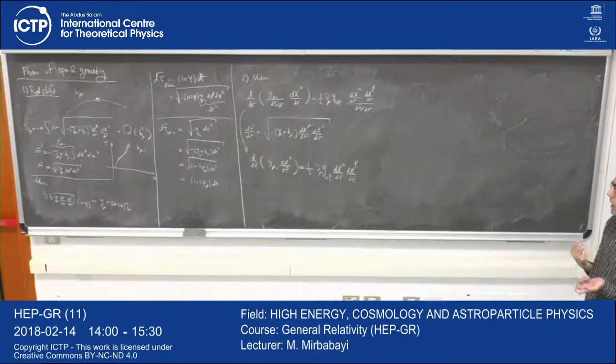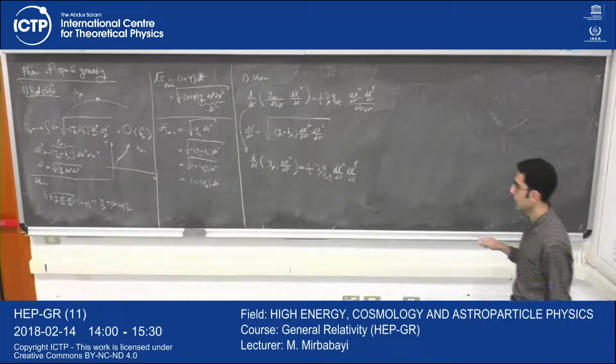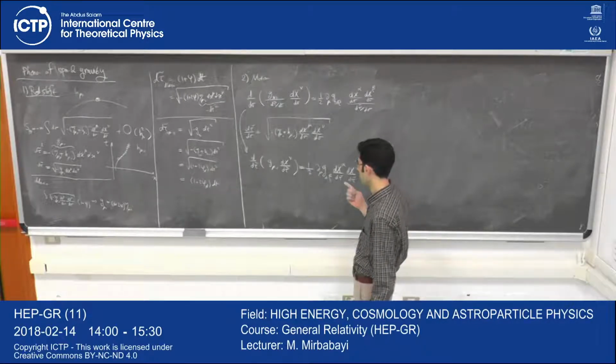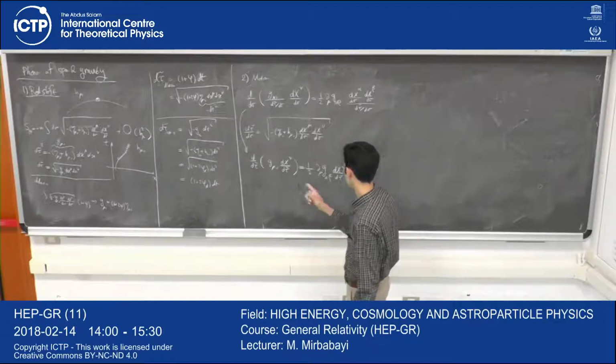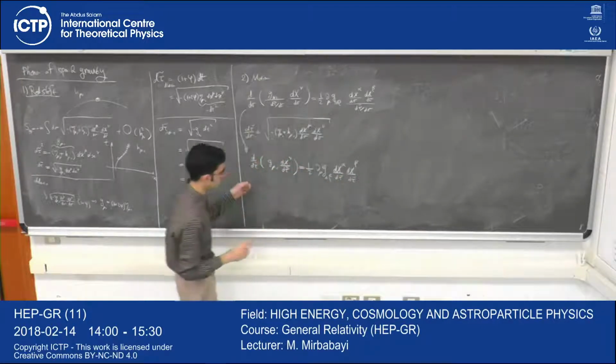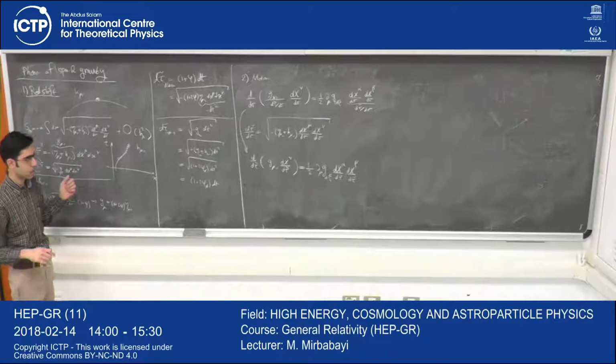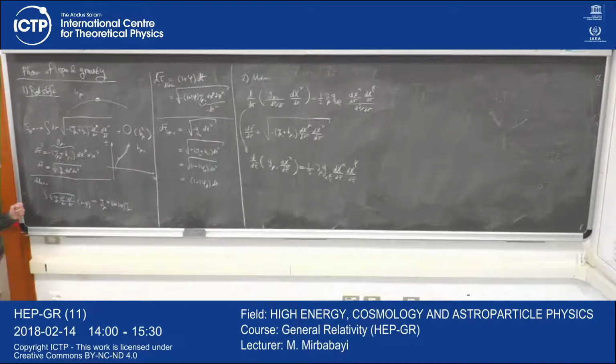And now we can again ask what is the motion of the particles given some background field. Imagine we determine what the background field is. We can ask how particles move. This equation is called the geodesic equation. But I think we will see later why it is called the geodesic equation.